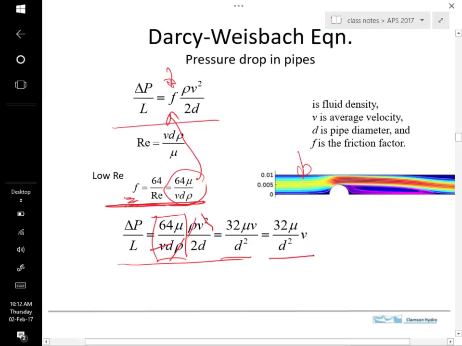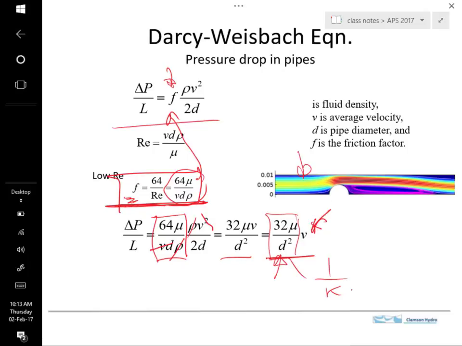By having a friction factor equal to this, you get an expression where the head drop is proportional to the velocity to the first power, and it's inversely proportional to the diameter squared. This term ends up being analogous to 1 over the hydraulic conductivity. So this has the right kind of behavior for laminar conditions.